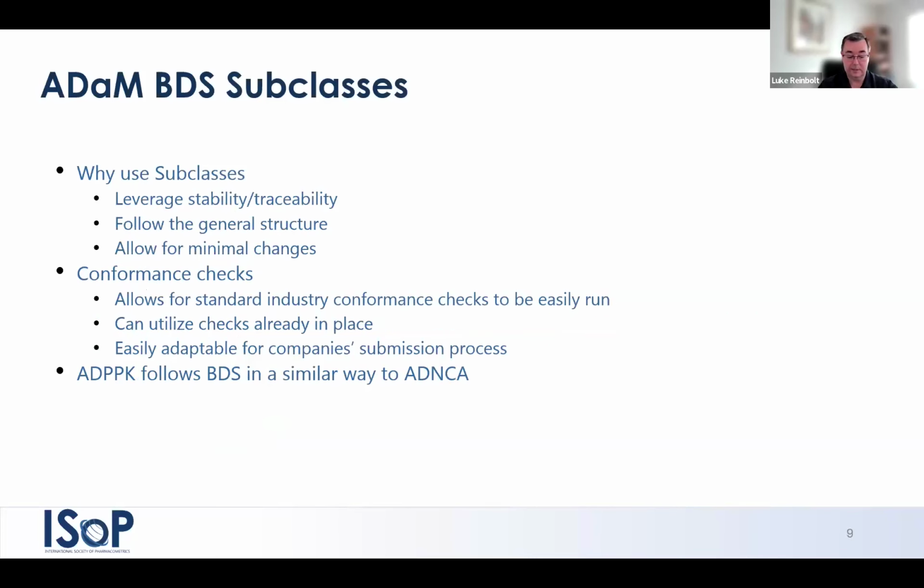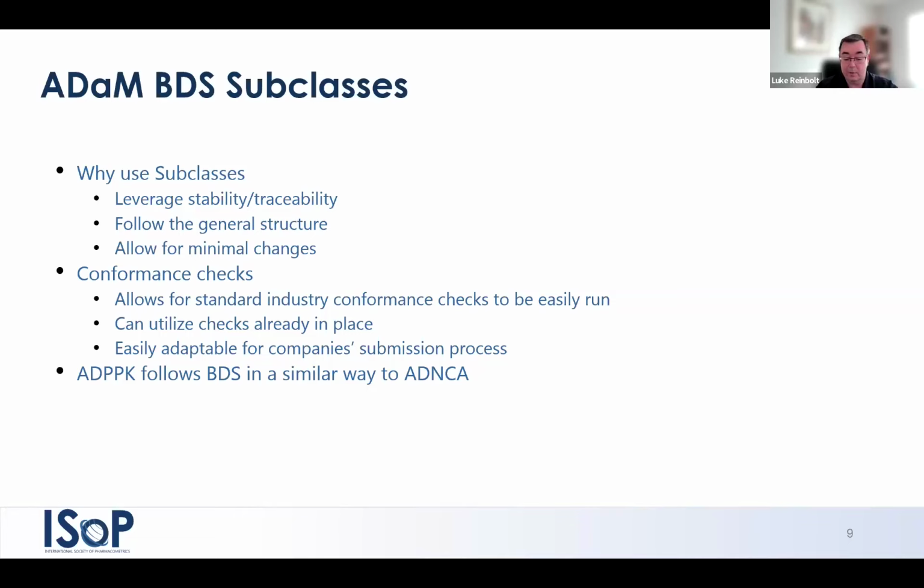We utilize the subclasses so that we can benefit from the stability and traceability provided with the root structure. A subclass follows the original class mostly, but with a few changes that are needed for the analysis. One benefit of this is the ease of conformance checks.